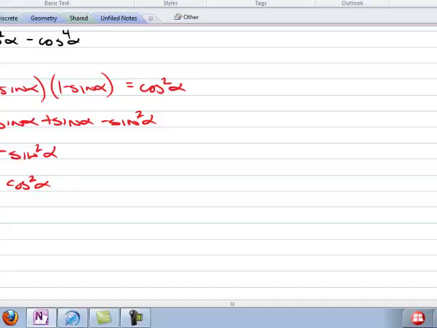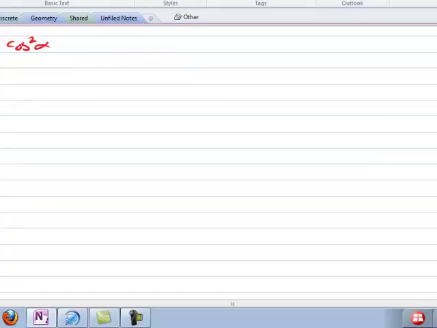Any others? 4. Wow. Cotangent squared y, secant squared y minus 1. And that's all supposed to equal 1?